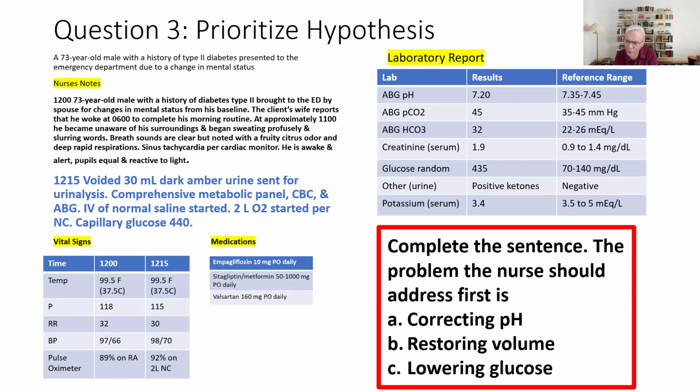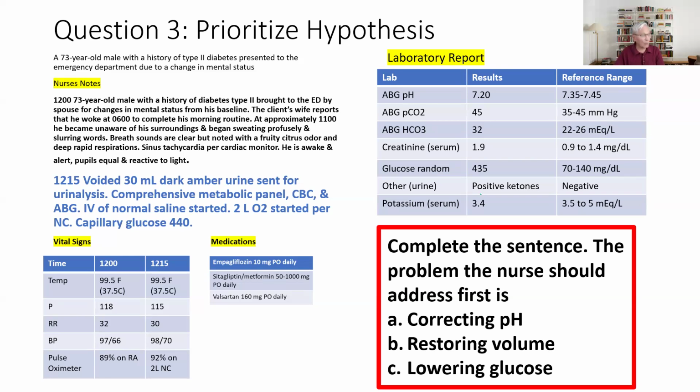Okay, so do you remember the acronym DKA? We treat the what first? The D is hydration. The K is the potassium. And the A is the acidosis with insulin, right? Yes. So the priority here is going to restore the volume to correct the dehydration. So letter B is the correct answer.